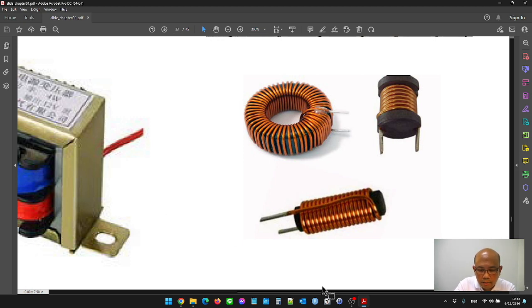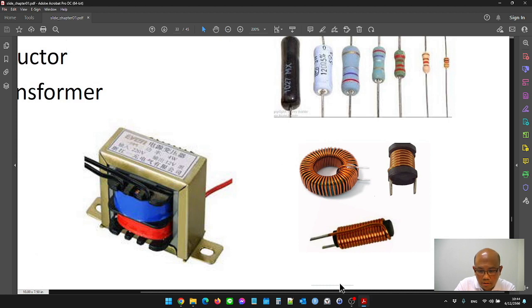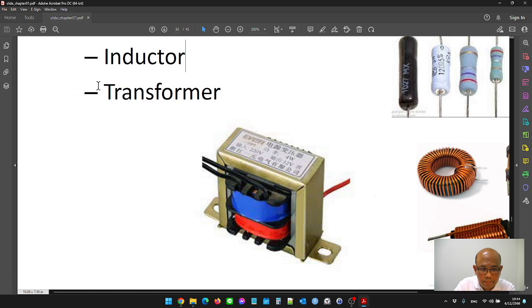The next one, which is like the iron one, is called a transformer. So here this is a transformer. In Thai we call it Morban transformer. The transformer usually has two parts, two coils.